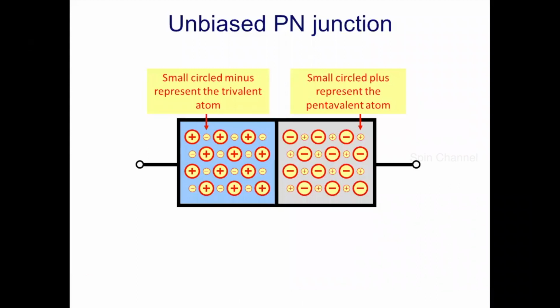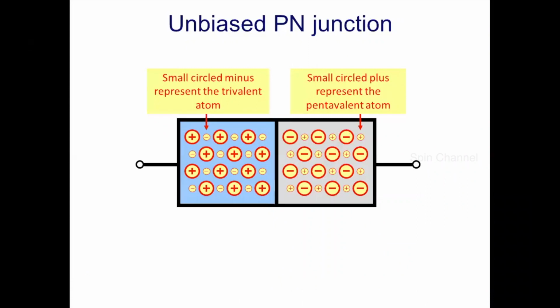Now, the concentration of free electrons is more on the n side and the concentration of holes is more on the p side. Due to this concentration gradient, the diffusion process begins. Free electrons cross the junction and occupy the holes on the p side, resulting in recombination of electron-hole pairs.